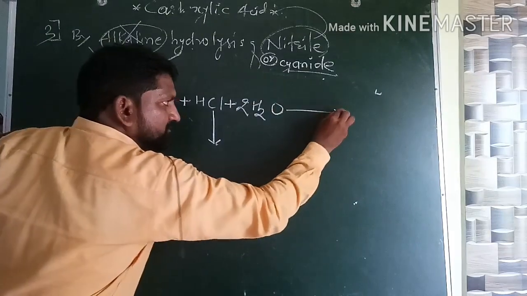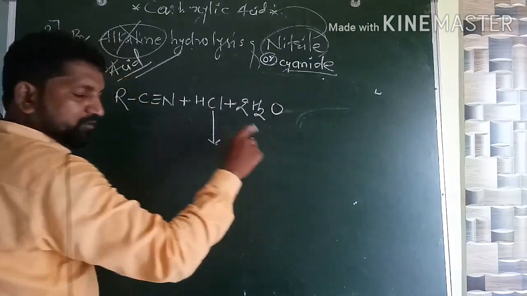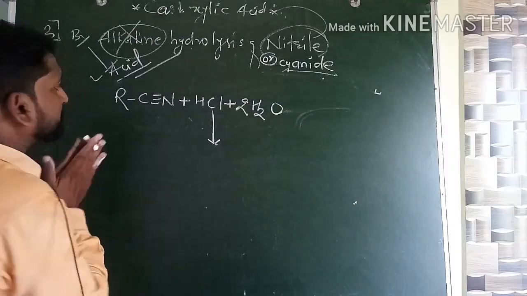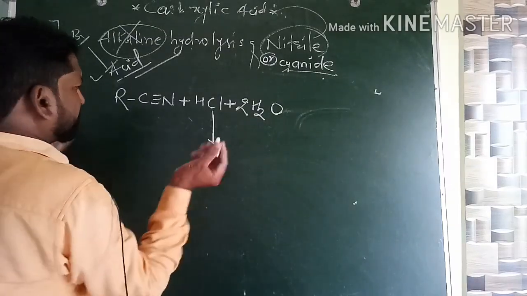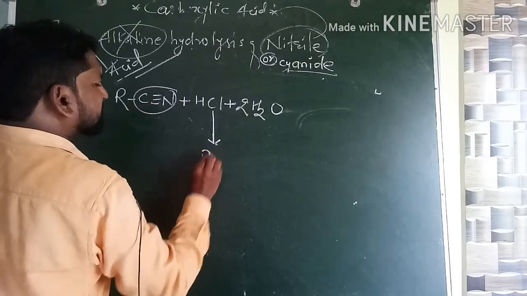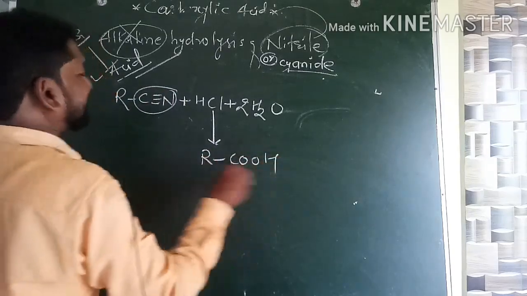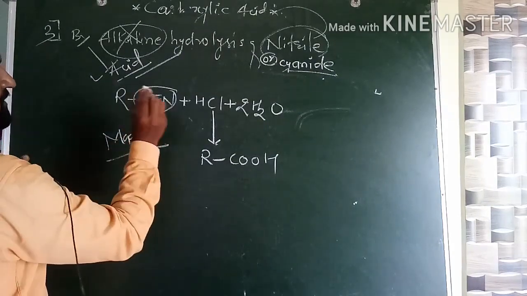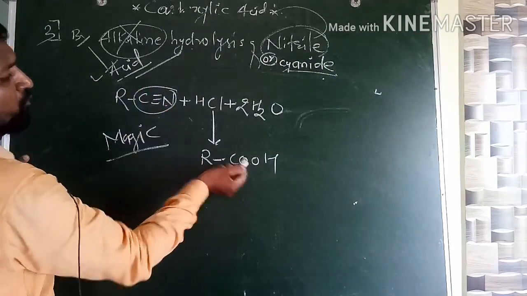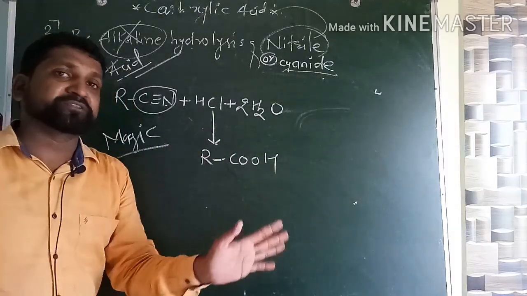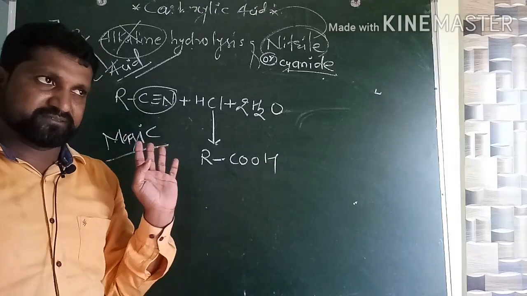You can write like this or like this, no doubt, according to space. What happened here? Let's go for the reaction. We know the product. What is the product? Convert CN into COOH. Magic. What is magic? See here. Just convert this CN group into the COOH, irrespective of the path.